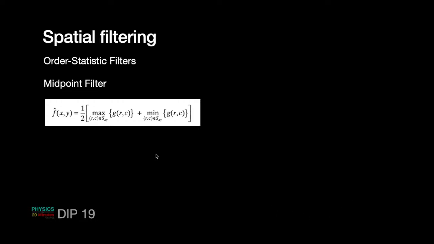So you find the maximum in the given neighborhood, you find the minimum in the given neighborhood, and you take an average of the two. And that will give you the midpoint. Remember, it differs from the median. For the median, you arrange them in order and take the central pixel. Here it is slightly different.